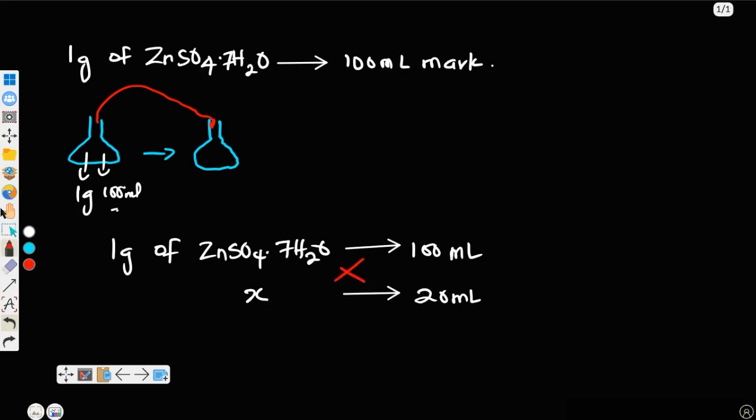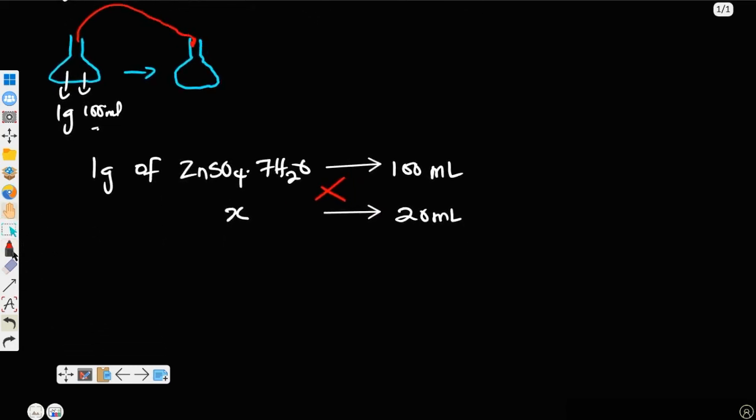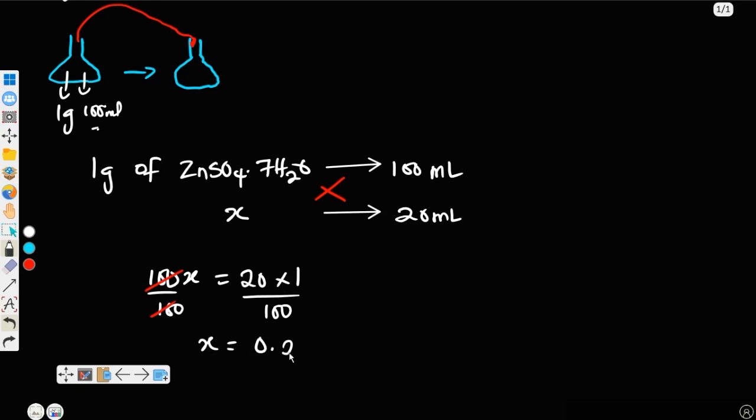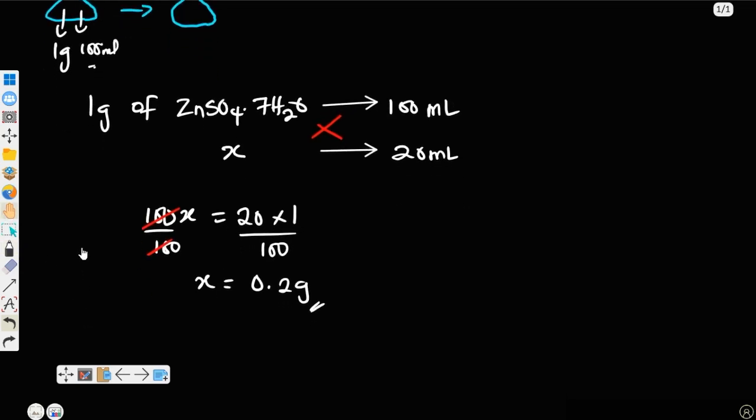So cross multiply, and this multiplied by this is supposed to give us 100x equals 20 times 1. So divide both sides by 100. When this cancels this, our x is 0.2 gram. Is that okay? Which is 0.20 grams.